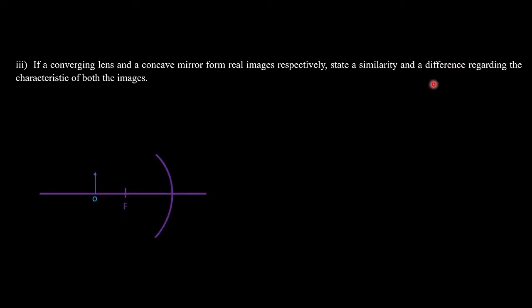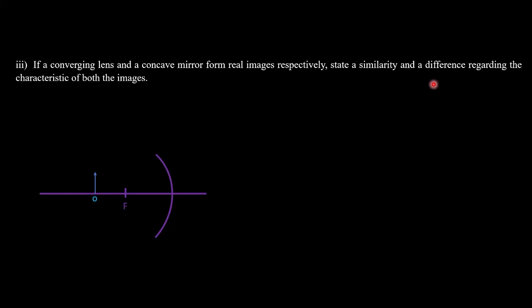Okay. For the third question, a converging lens and a concave mirror form real images respectively. So both the converging lens and concave mirror form a real image. In order to form a real image, you need to draw at least 2 light rays for both, either lens or mirror. You want to state the similarity and the difference. So draw out your ray diagram first if you cannot form the image in your brain.